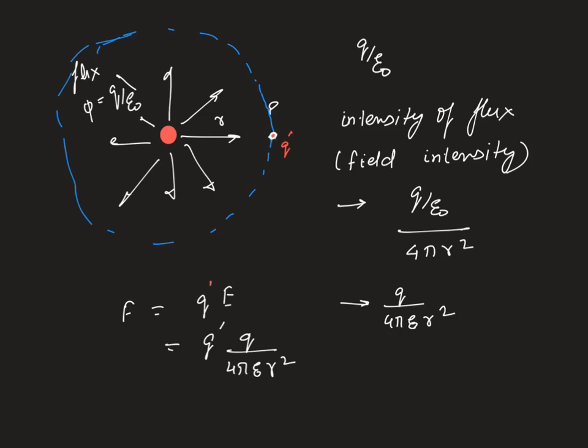Now if you bring another charge q dash in the vicinity of that intensity, it will experience a force, and that force is going to be q dash E, that is q dash into the electric field intensity.